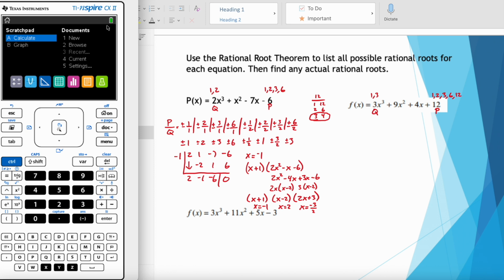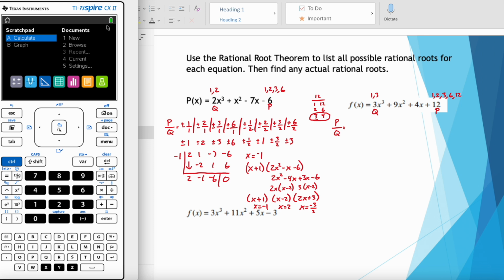Once we've done that, we're going to find our possibilities, and we will have to list the possibilities out. So we go ahead and write our p divided by q. Keep in mind, this will always be a positive negative number.